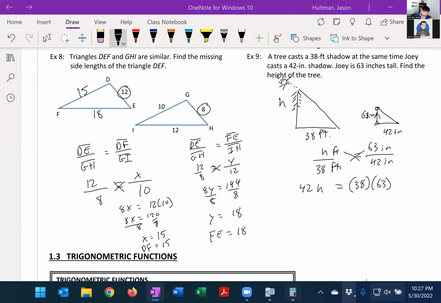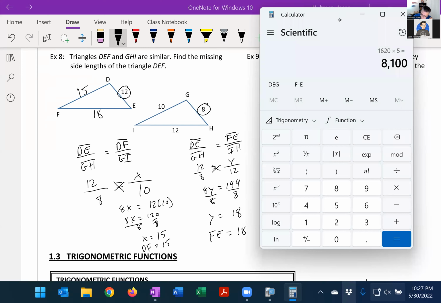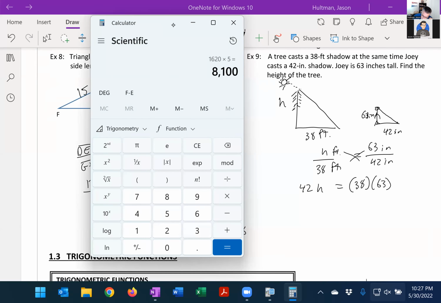Let's go to the calculator for that one. 38 times 63 is 2394.